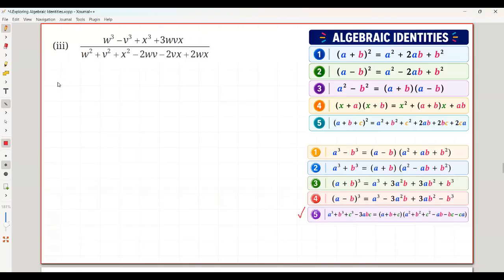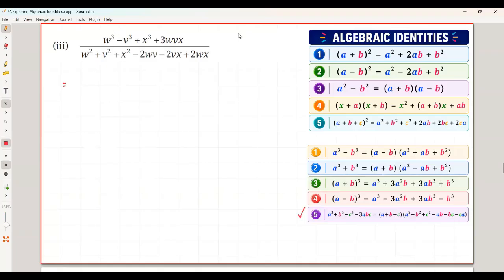There are two ways. First, we can take the numerator separately and the denominator separately. After finding the factors, we can cancel, or we can also try to apply it directly, right? Now, first one. From this I have to find out what is in the place of a, b and c.